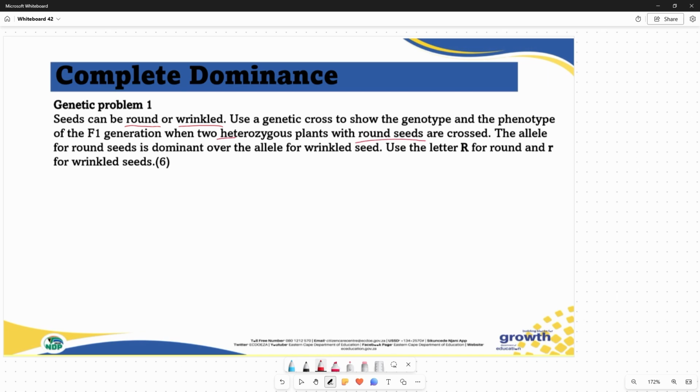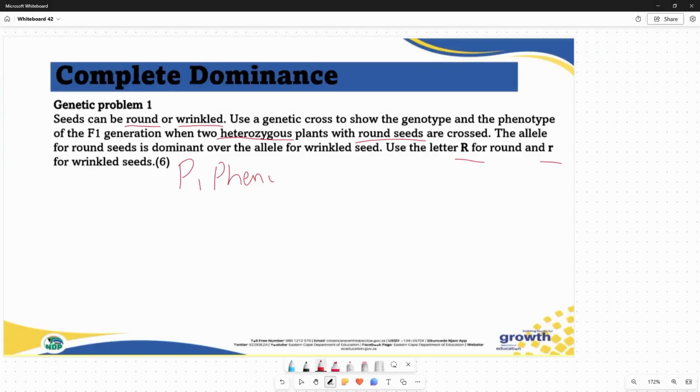So now, if we have heterozygous plants with round seeds, we know that the allele shown in the heterozygous condition is the dominant one. So it means that round seeds have to be dominant over wrinkled. The allele for round seeds is dominant over the allele for wrinkled seeds. Use R for round and small r for wrinkled.